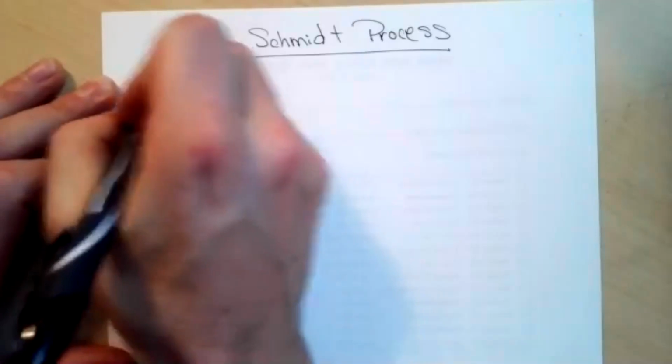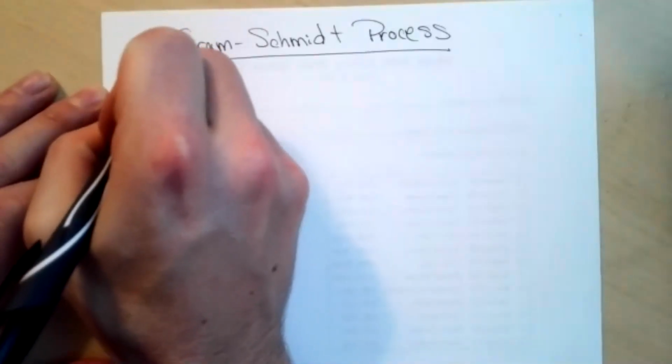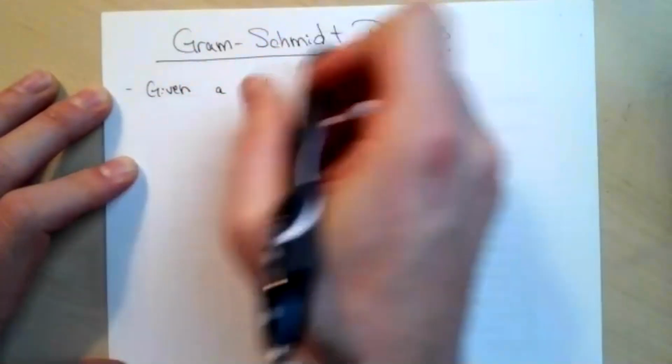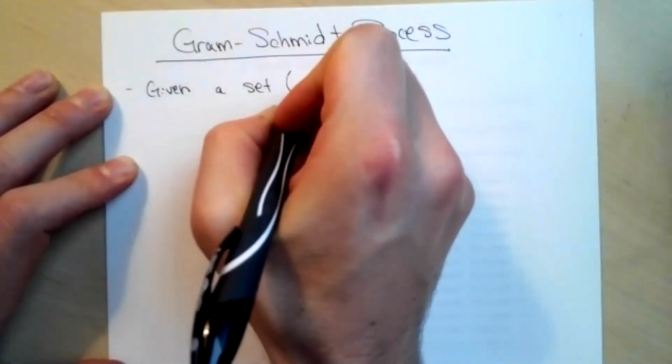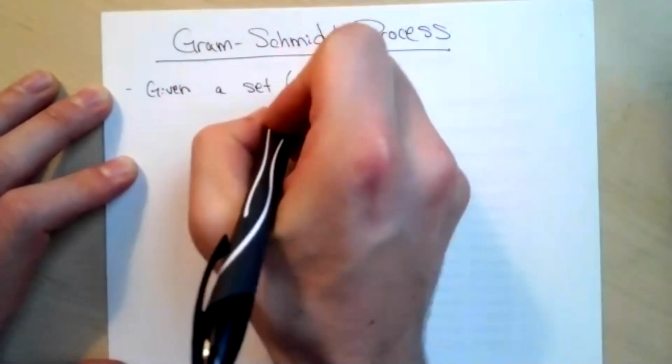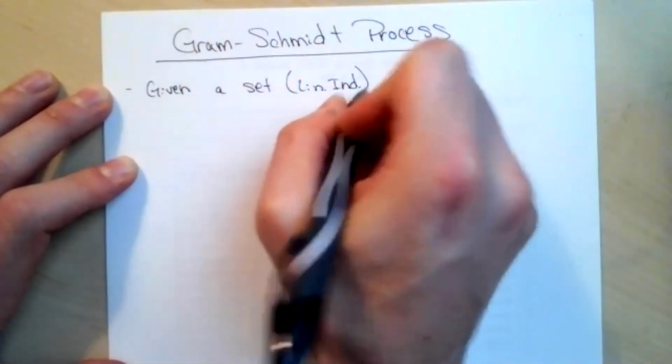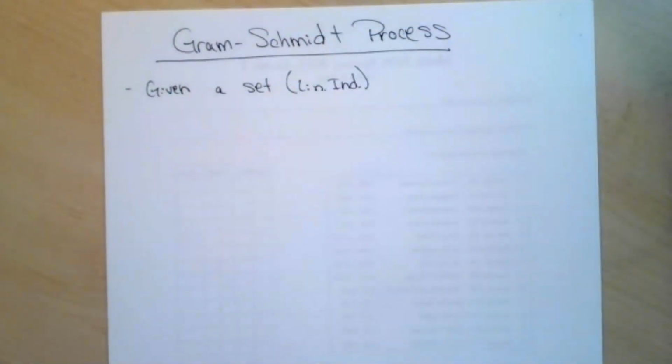So given a set, usually we at least start with a linearly independent set. You don't have to start with a linearly independent set, but if you don't, all you've got to do is throw out the vectors that you don't need.